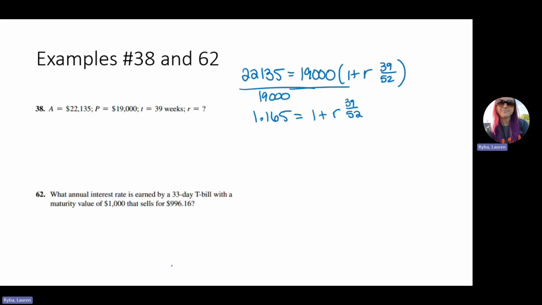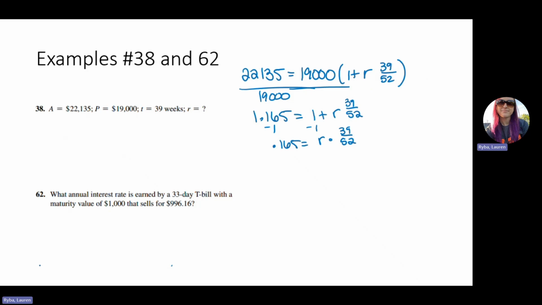For me, I don't like to distribute in the 19,000 because I'm going to multiply it and then I'm going to have to divide it back out later. So I just divide it out first so that I save myself the step. Then I can subtract the 1 from both sides. So 0.165 equals R times 39 over 52.